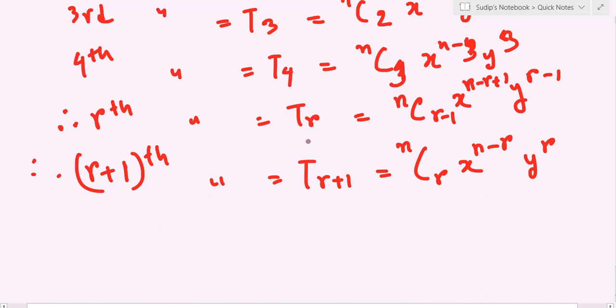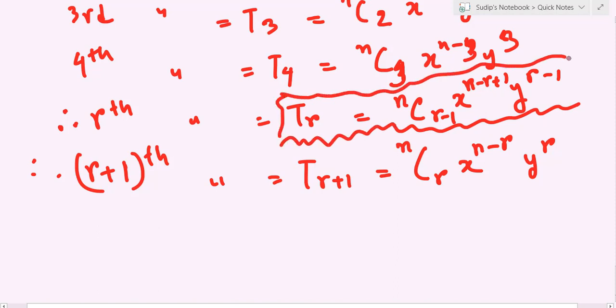As this term is a general term of the expansion, this r plus 1th term is a more simplified version of the general term.